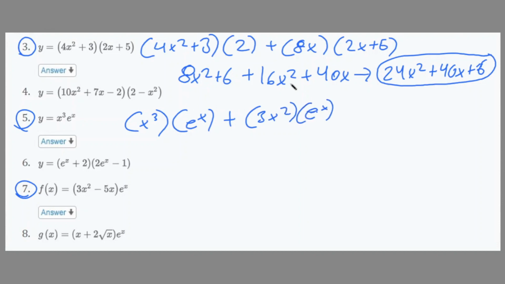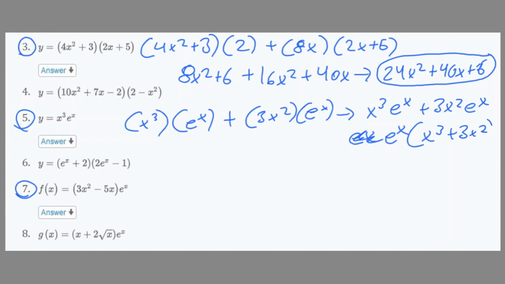And then if we simplify that out, we get x cubed e^x plus 3x squared e^x. And what you could do is factor out e^x, and your final answer would be e to the power of x in parentheses, x cubed plus 3x squared.